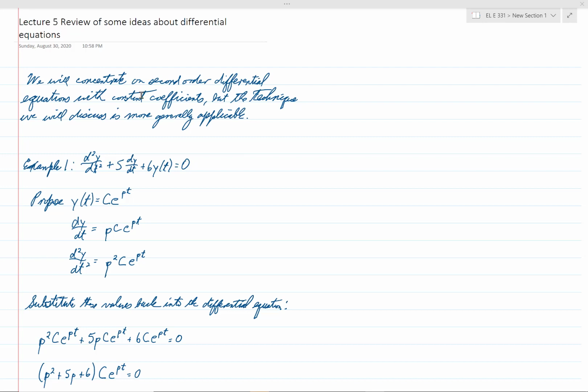It's amazing how often in physics and engineering you will encounter second order differential equations. Laplace's equation in one dimension is second order. Poisson's equation, again in 1D, is second order. The wave equation in 1D is a second order equation.